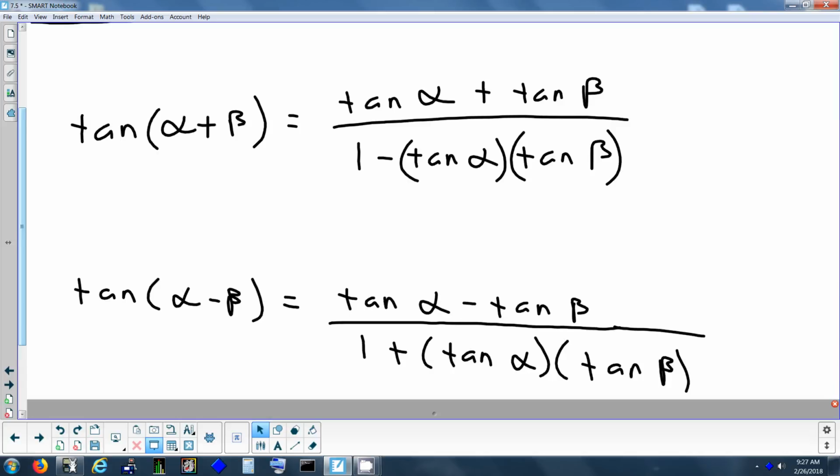And you could probably, again, figure out why it is the way it is. If you went online and typed proof of tangent difference identity, I'm sure it would come up right away. But before I look it up online, I'd be interested just to see if I could figure it out without looking it up.